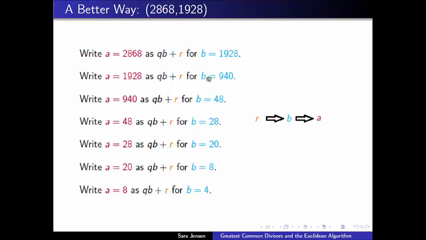What was the R value is going to become the new B value. We then use the quotient remainder theorem to find the new Q and the new R. Moving down from this stage to the next, R becomes B becomes A, and Q goes away.